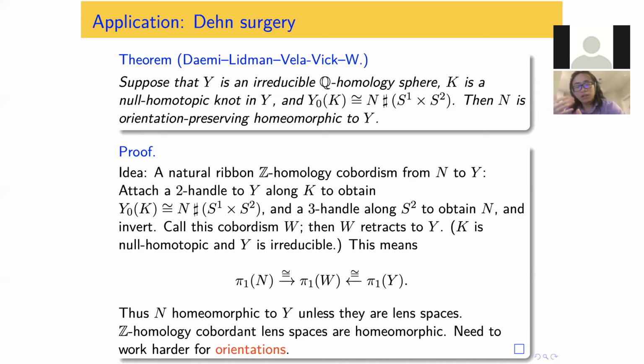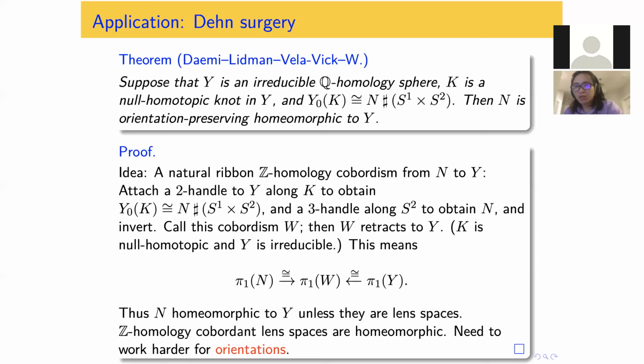And if they're not aspherical, if they're lens spaces, then you just need to know that Z homology cobordant lens spaces are actually orientation preserving homeomorphic. So that's okay as well. And finally, you need to deal with spherical manifolds that are not lens spaces.